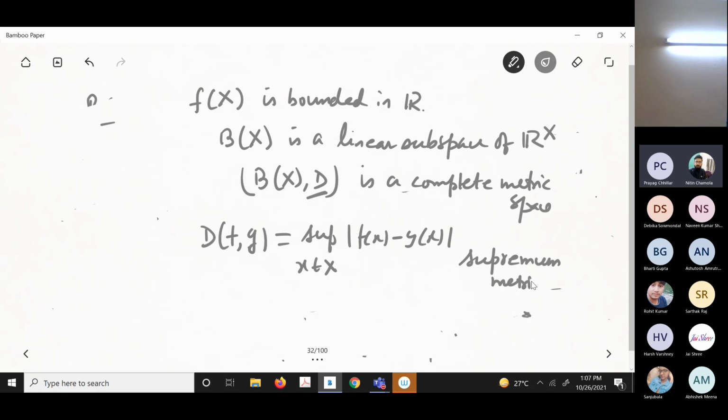In order to define the metric, I need bounded functions.